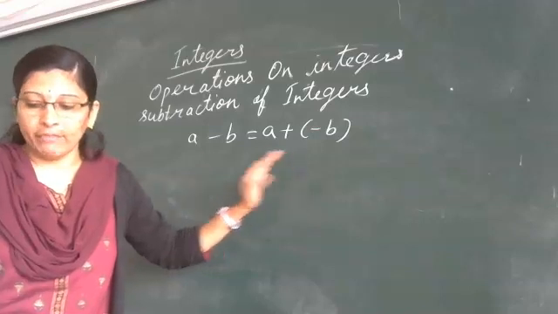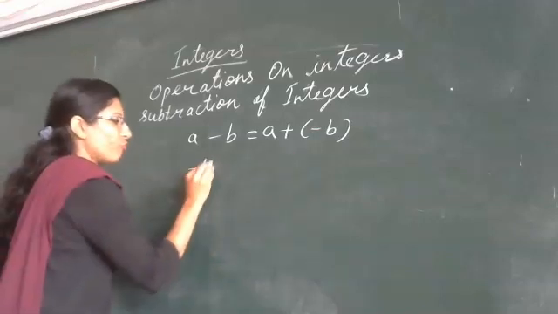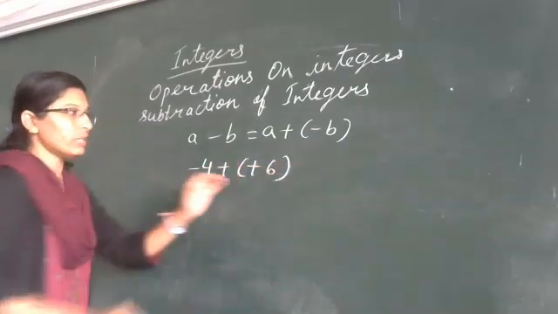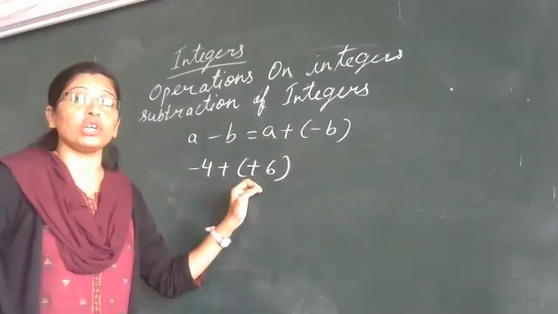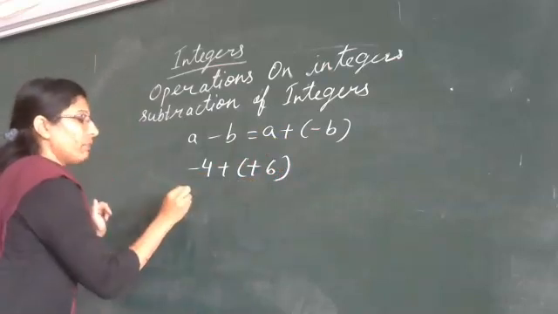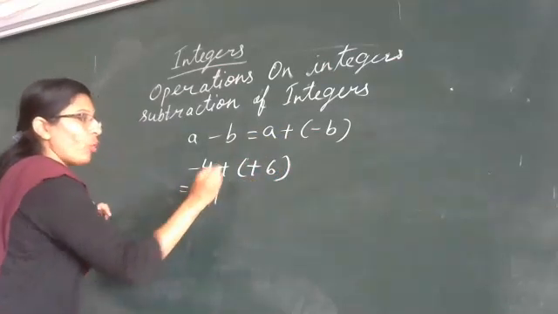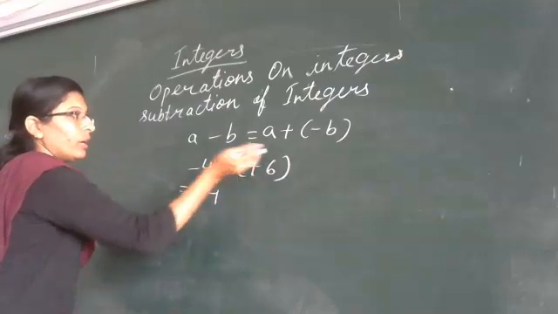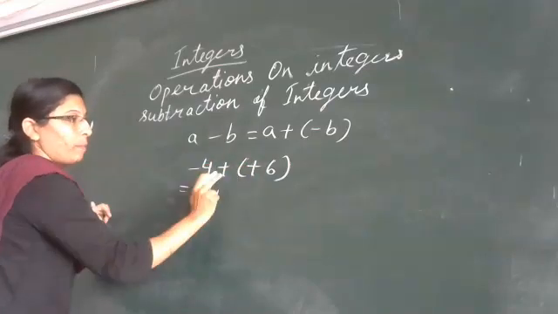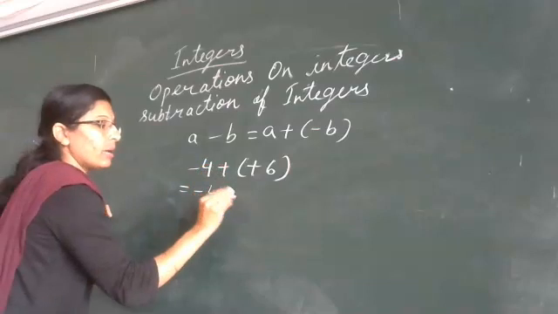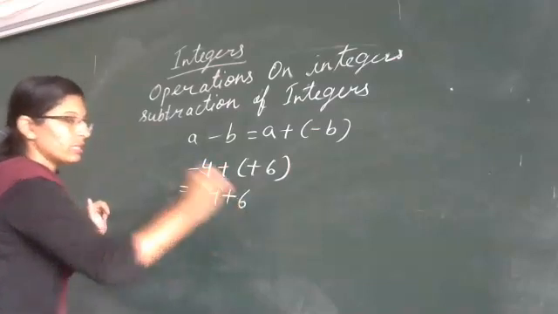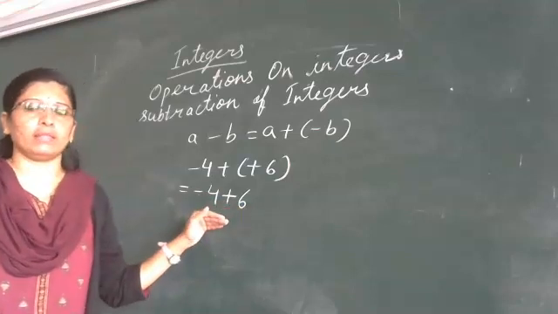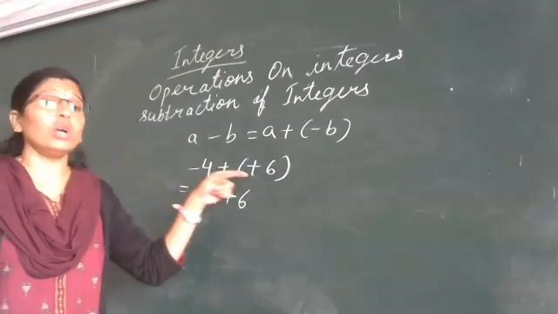For example, if it is given -4, first, whenever a bracket is given, you should remove the bracket. So it will come -4 plus, you do opposite, plus is plus, so 6. Now you have to solve it the same way we solve addition.